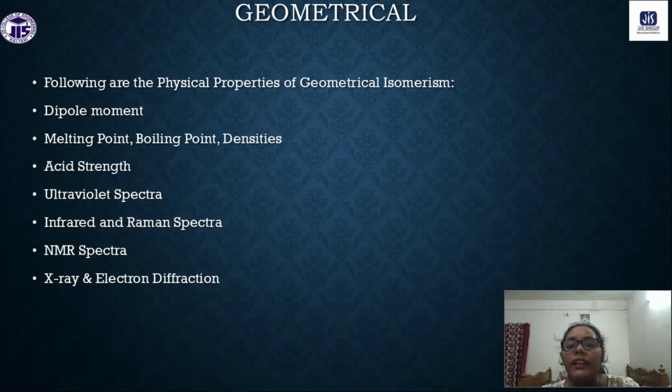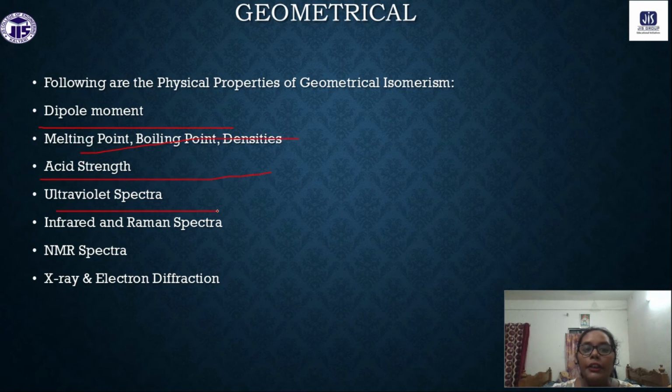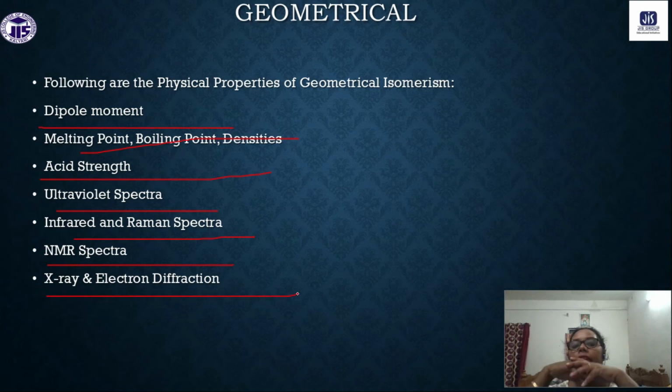Okay, now what are the properties of geometrical isomerism? One is dipole moment. Okay, melting point, boiling point, density is different, acid strength, UV spectra, IR and Raman spectra, NMR spectra, and X-ray and electron diffraction. All these properties can be focused on while we are discussing the properties of the geometrical isomer.